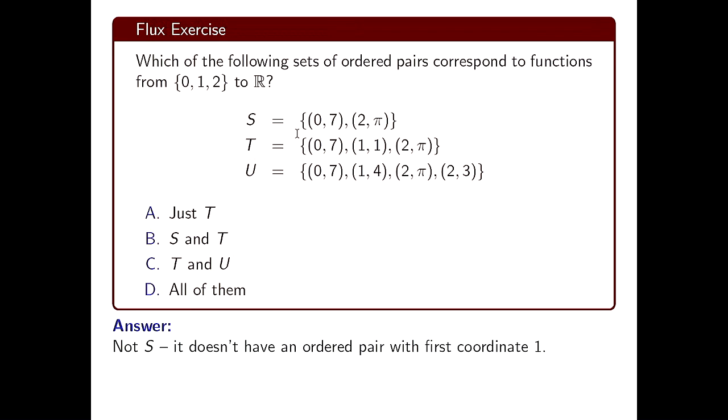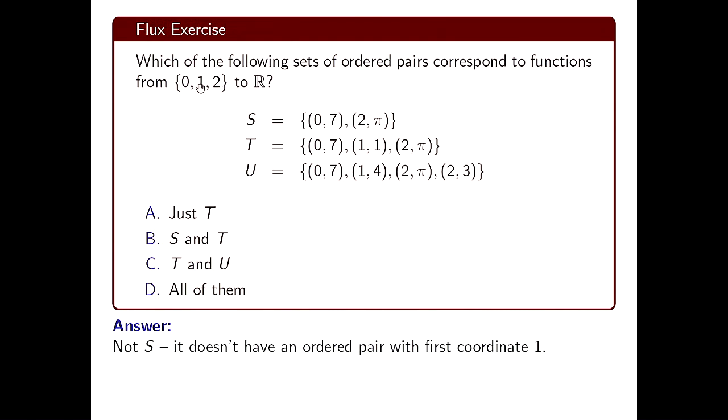So remember, the key property of a function is that every input needs to give exactly one output, right? We're defining this as input-output pairs.